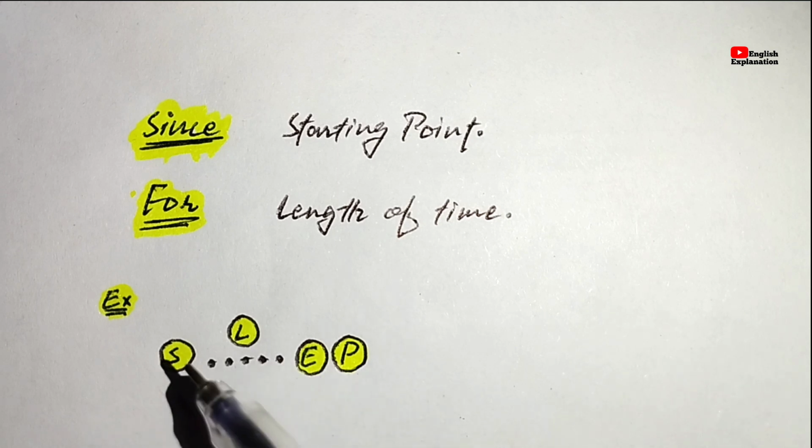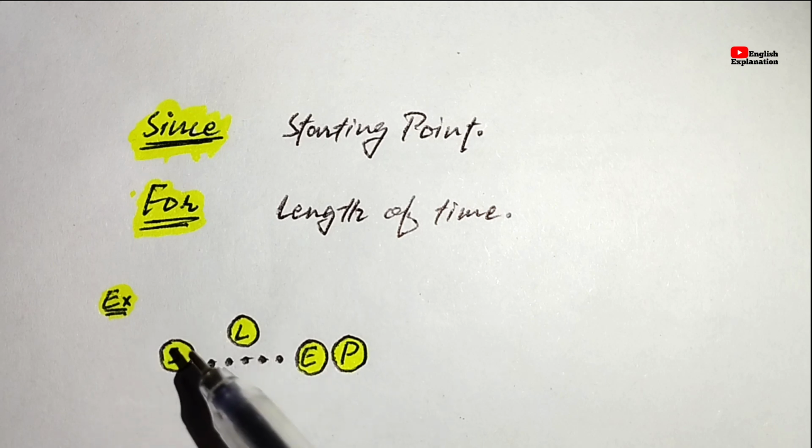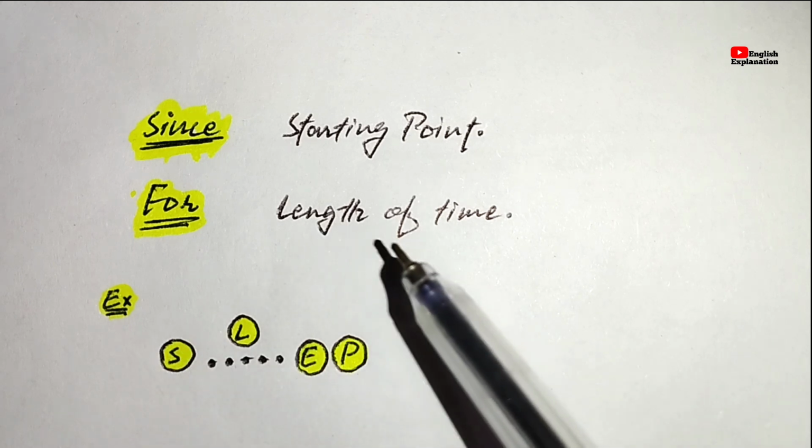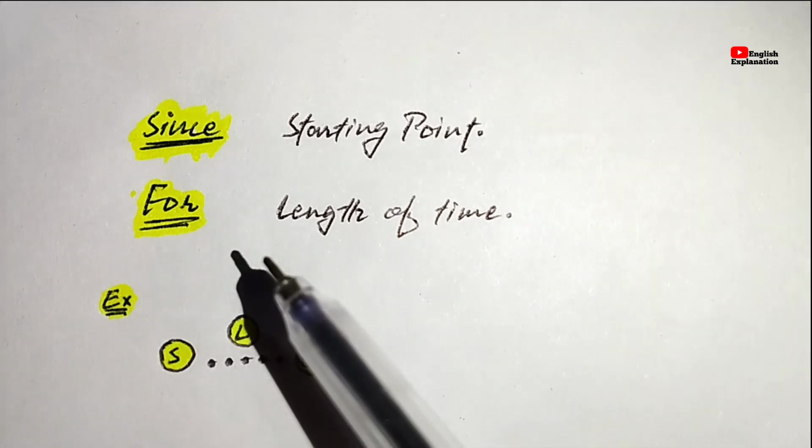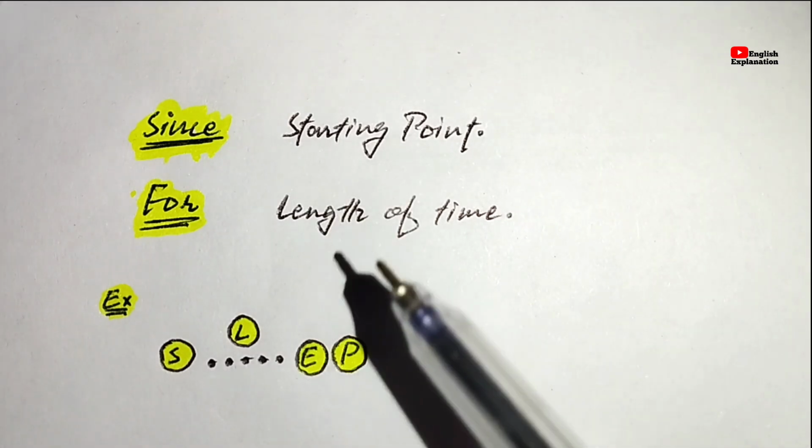So we know we use since for the starting point of something, and for length of time we use for. This is the difference between them.